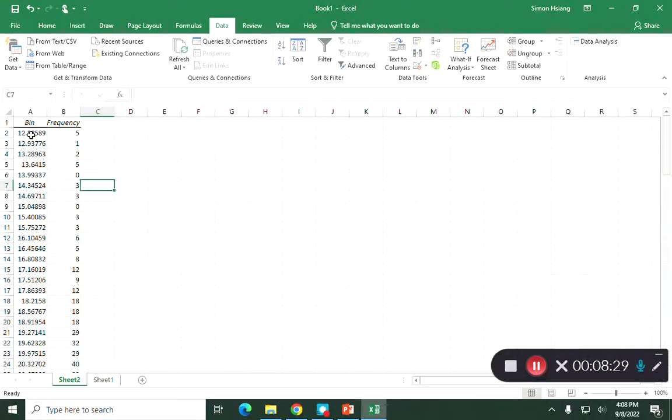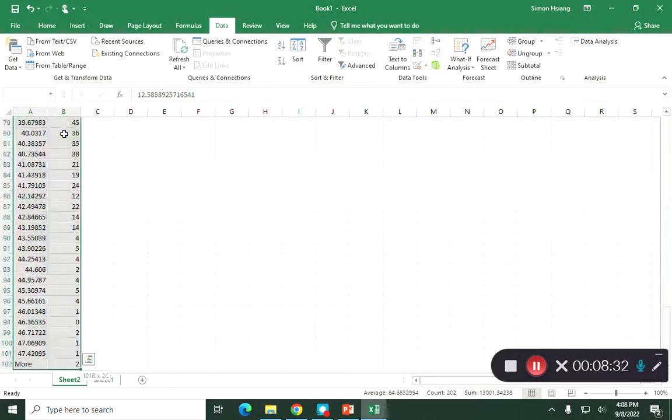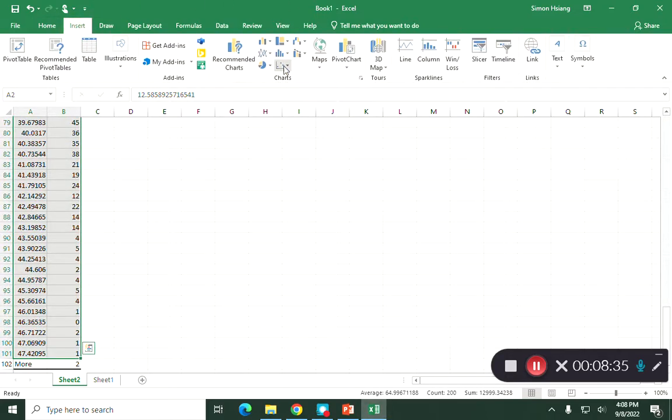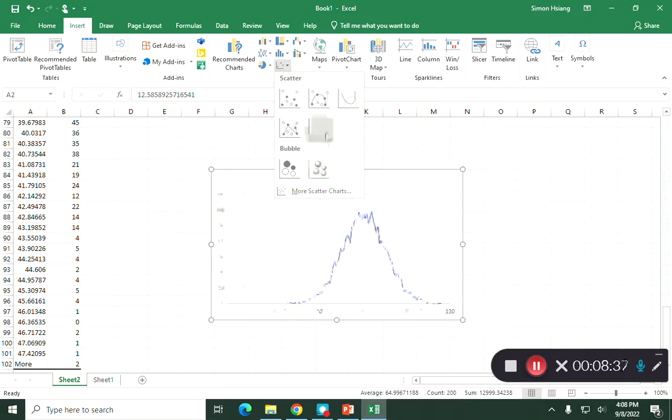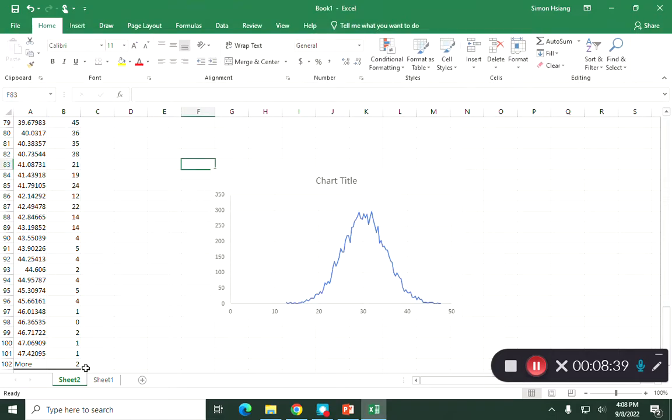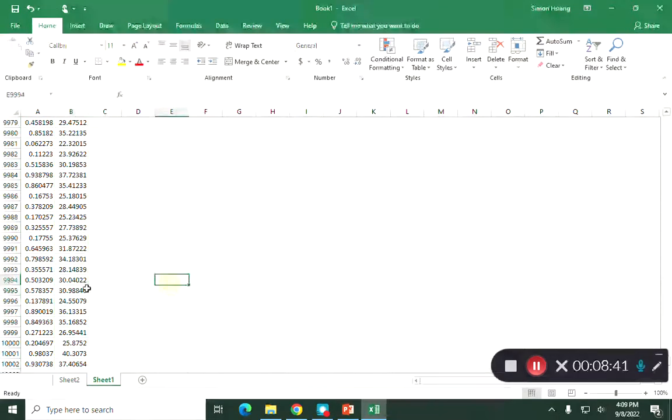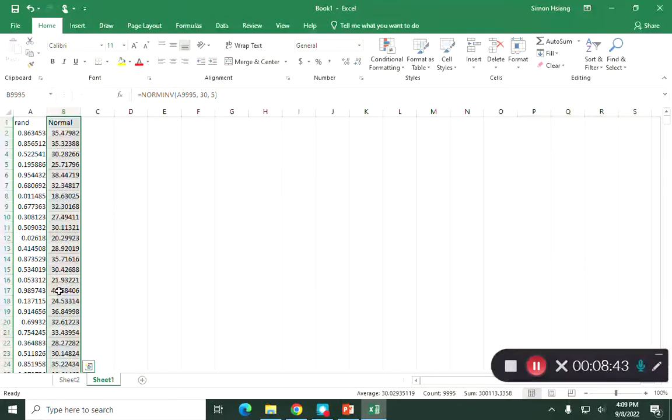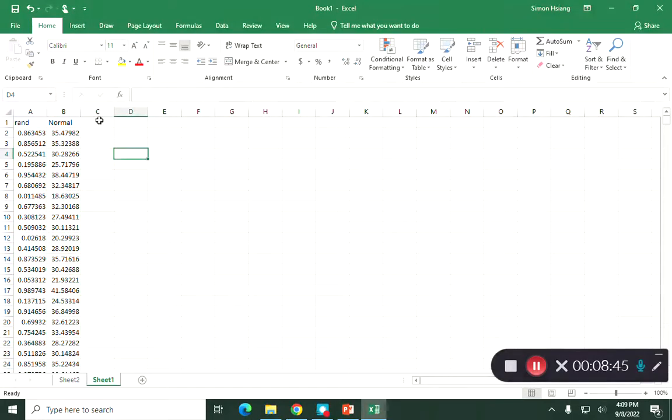Okay, and you look at it, most likely you have your bell shape, right? But this time you didn't do the bell shape through your normal way. You did it by just using the normal inverse function.